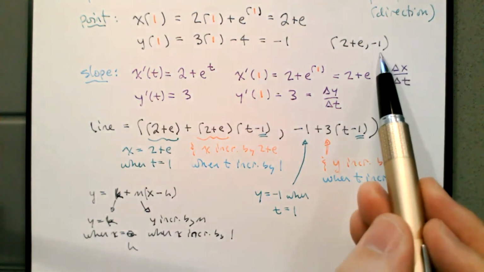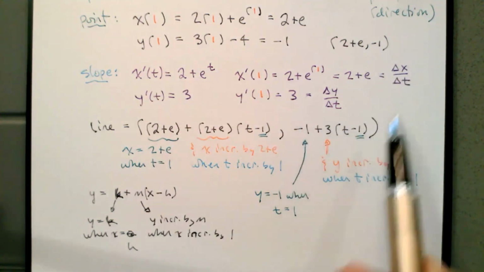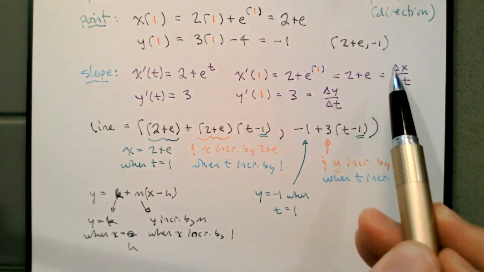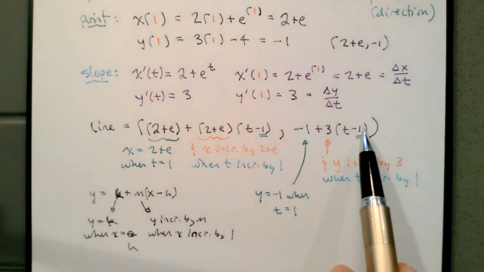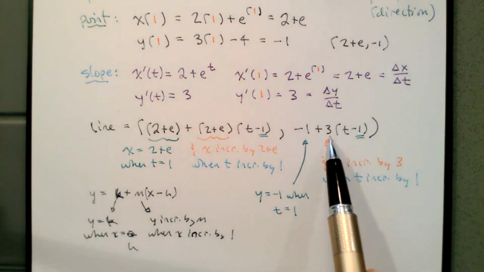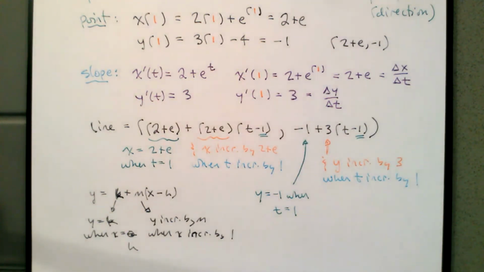So in the y column, in this second coordinate, y is -1 when t is equal to 1, and y increases by 3 whenever t increases by 1. That's what the slope means. So the 3 is the slope, the change in y with respect to t in this case.